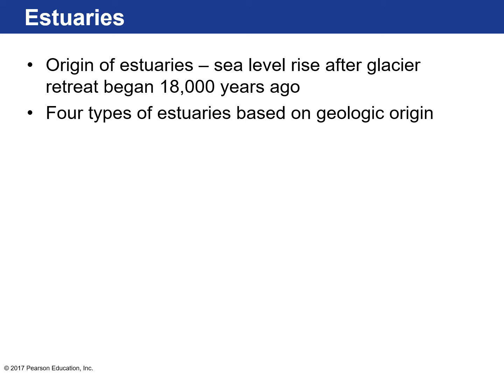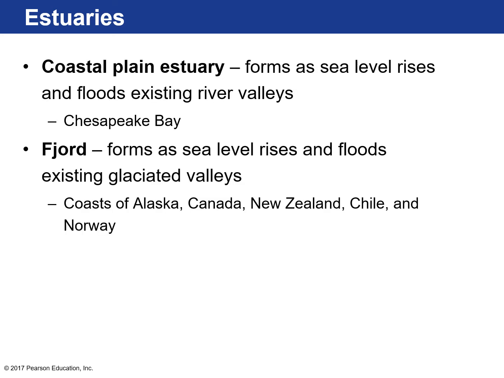And there are 4 main types of estuaries, okay, and they all have a geologic origin. And I've got pictures, so I'll show you. But the coastal plain estuaries form as sea level rises and floods existing river valleys, okay? So that's when you're going from an ice age to an interglacial period.